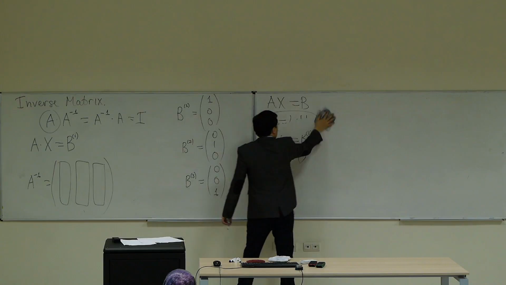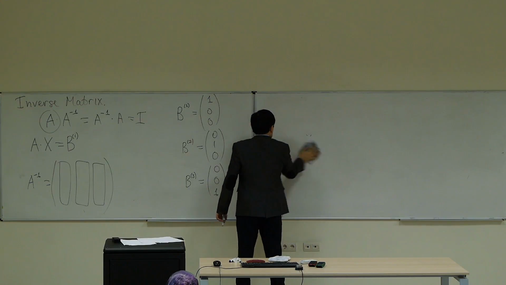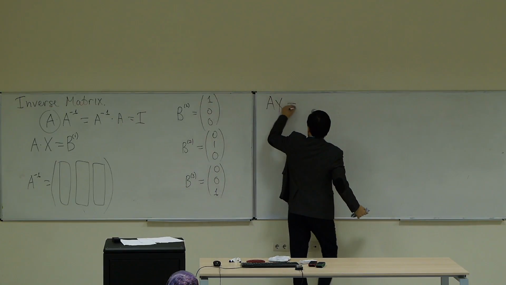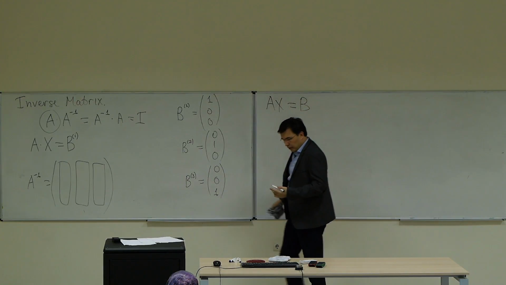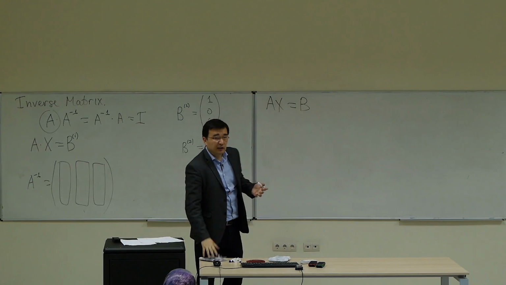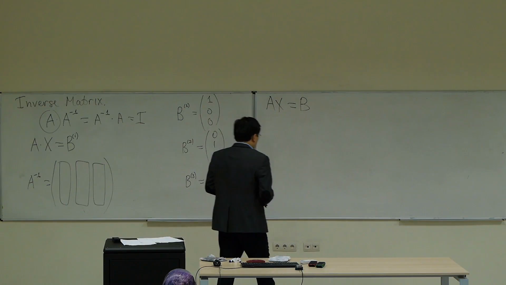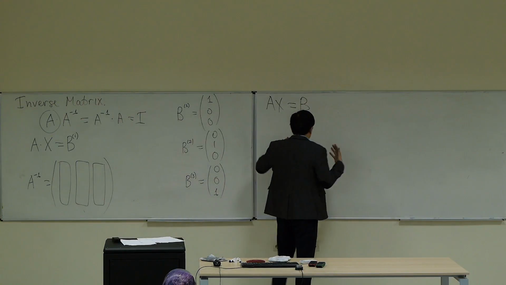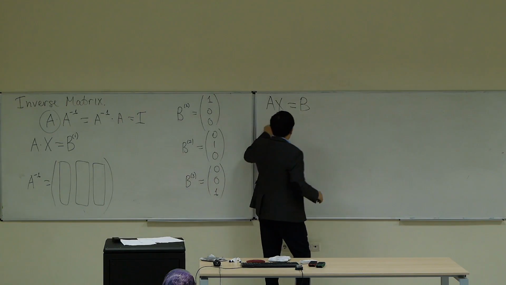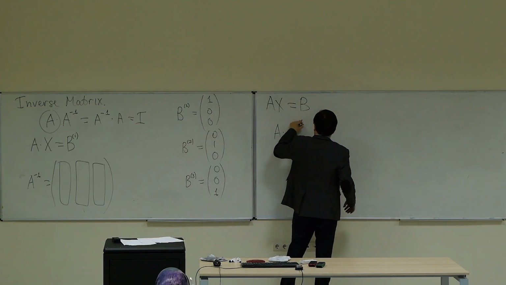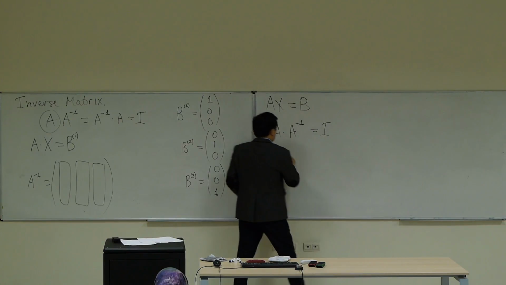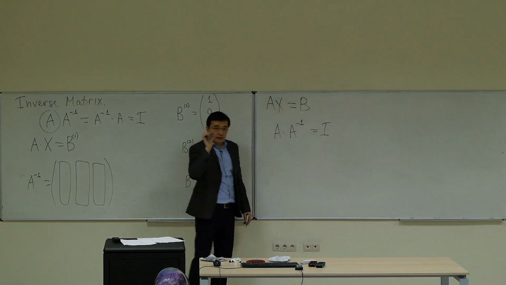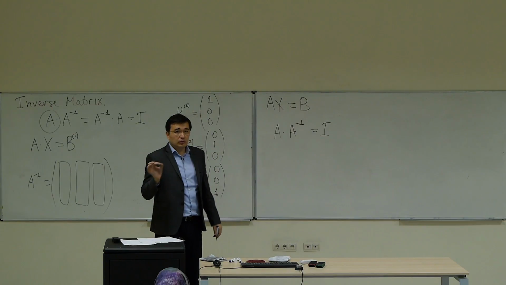How? Very easy. Suppose you have this system, AX is equal to B. Now you want to judge whether this system is ill-conditioned or not. Once you find the inverse matrix of A, you multiply with the inverse matrix and see, do you indeed get the identity matrix or not?